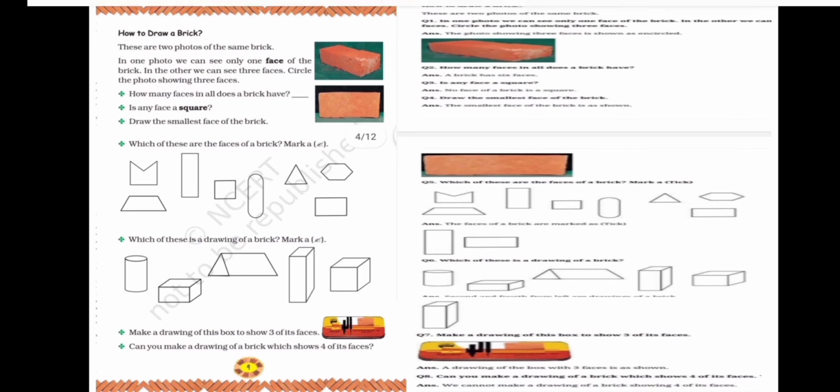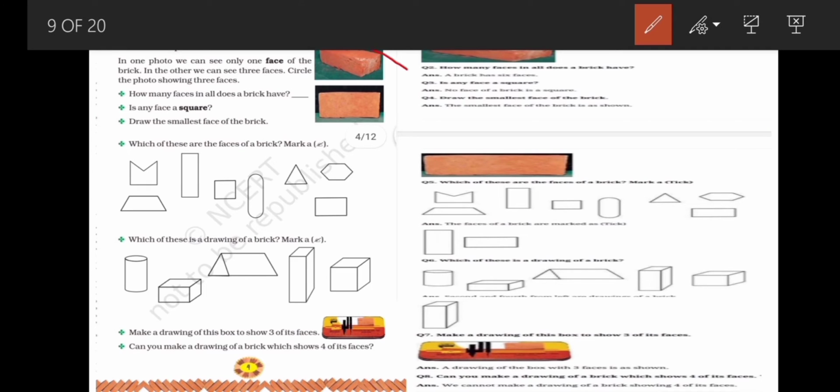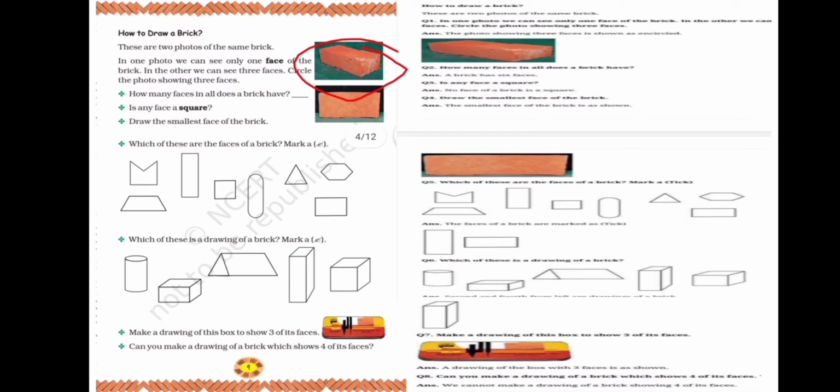So we can circle the first one. Why? Because it shows three faces of the brick. Here the question is how many faces in all does a brick have? As we have already discussed, in a brick there are 6 faces.